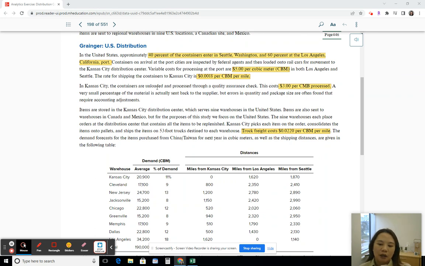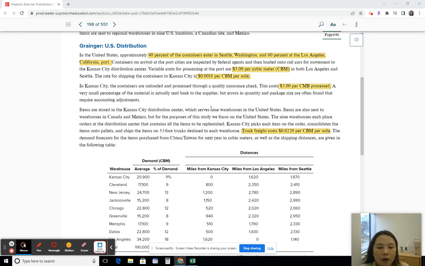So these are the different types of cost that will occur in Kansas, or in Los Angeles if you upgrade that warehouse to a distribution center. This is the total cost in the distribution center.